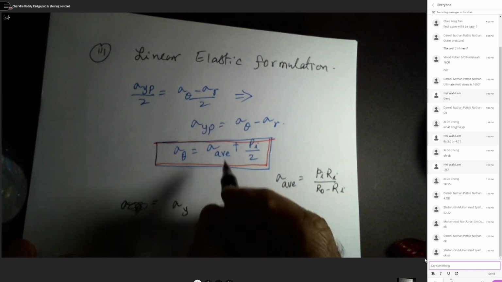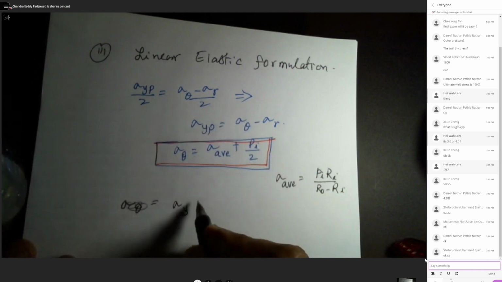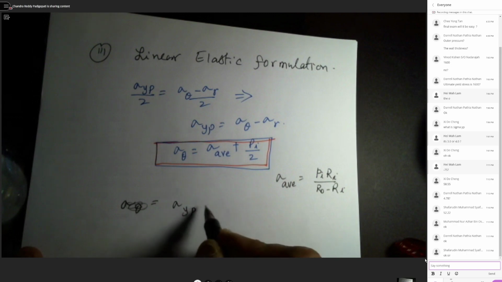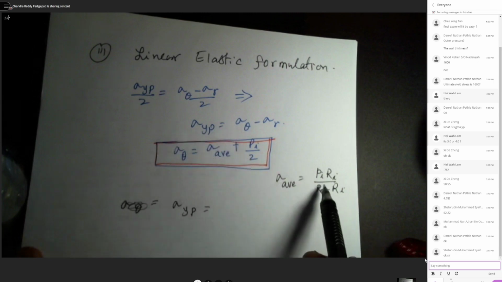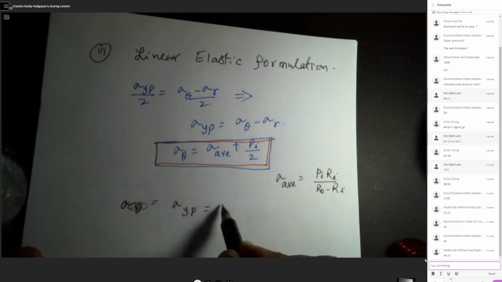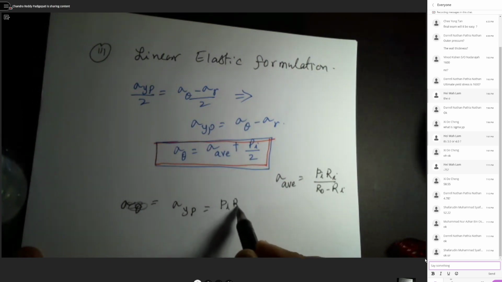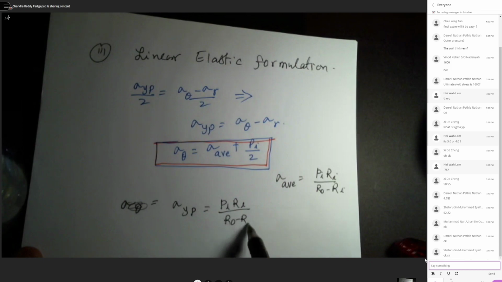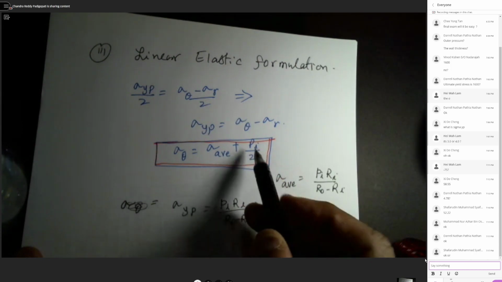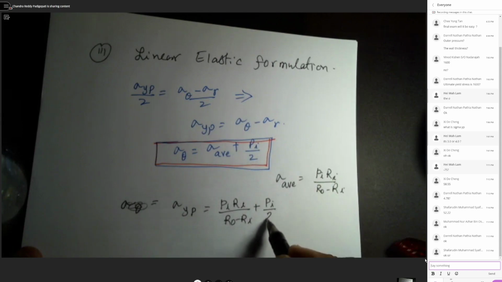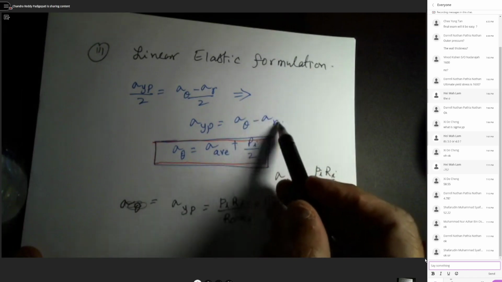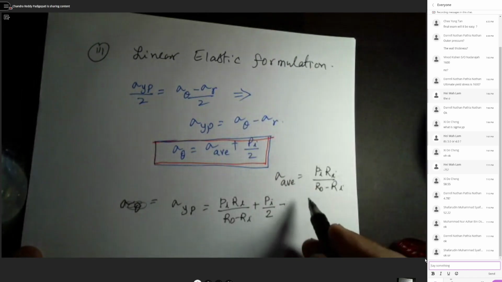Sigma yp is equal to, replacing sigma theta, sigma average, which is pi ri over ro minus ri, then plus pi by 2, minus sigma r.